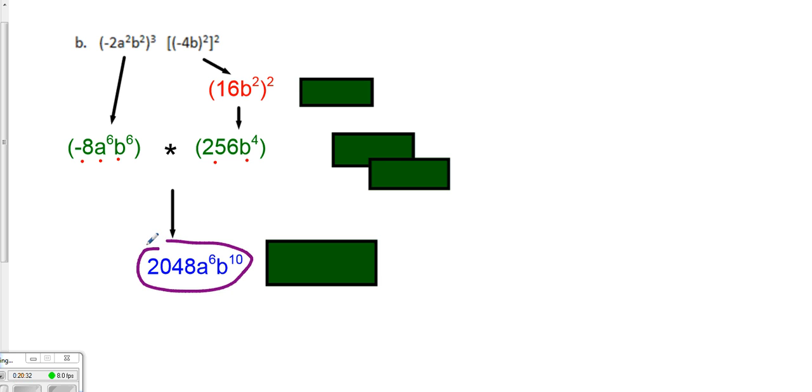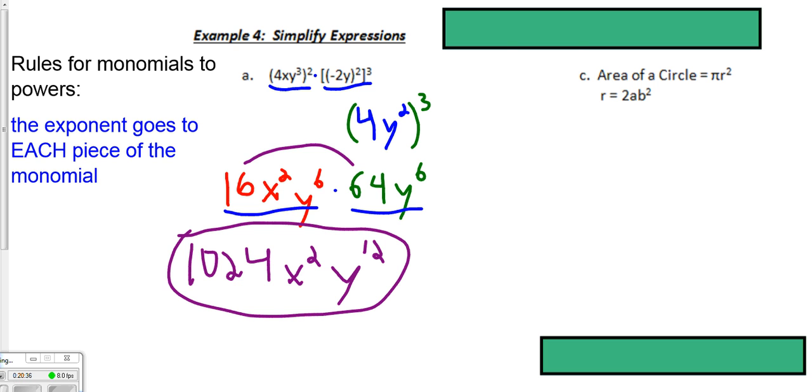One step at a time. Now, going back to this one. The area of a circle is pi r squared. That's the formula for any time you have a circle. Pi times the radius squared will be your area. Now, what if we knew that the radius was 2 times a times b squared?